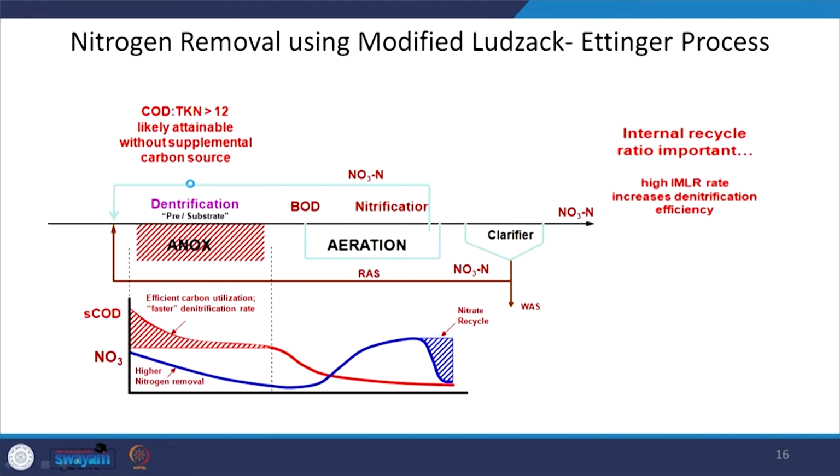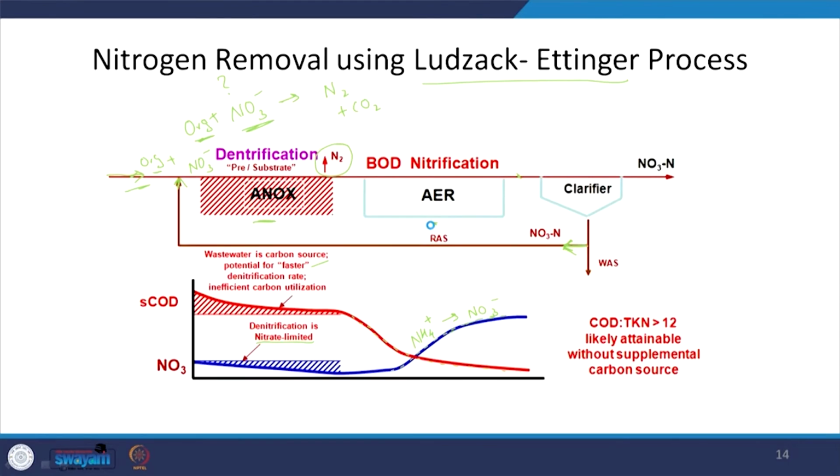Let us move on. Another adaptation, based on what I just mentioned earlier, is that we are internally recycling it. Here there are two cases I want to mention. Earlier, if you remember, I was skipping ahead and saying that you can recycle from here, but in this case let us just consider that we are recycling only the sludge which has nitrate.